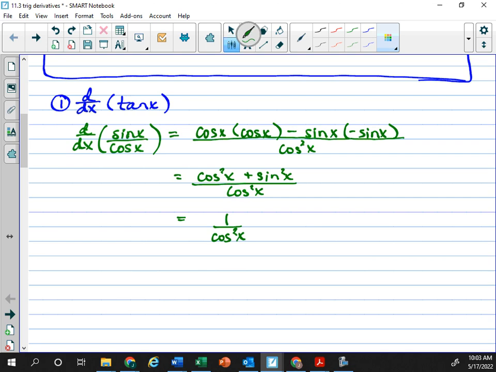And what is that? What's 1 over cosine, guys? Yeah, so secant squared. And that's what we wrote down for our derivative. So derivative of tangent is secant squared.